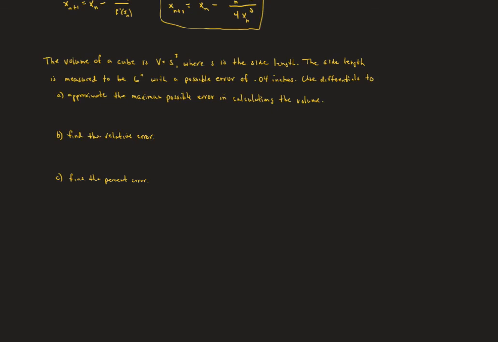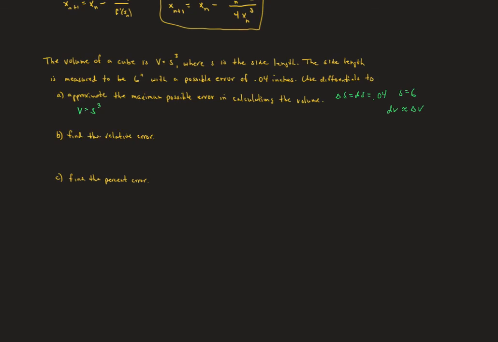So we know that our volume is s cubed. We know that the error in measuring that side length, our delta s, we're going to call that our differential ds, is the 0.04. Our actual side length is 6. We're trying to estimate the error in our computation of the volume using our differential dV.